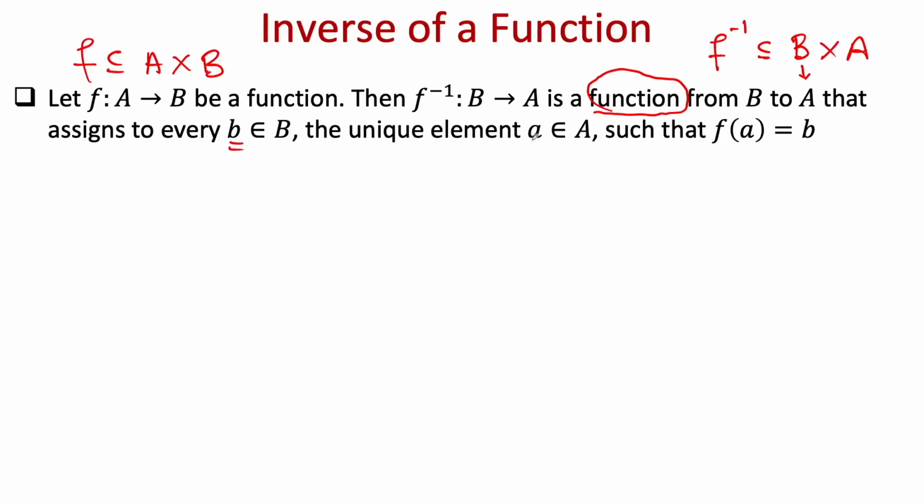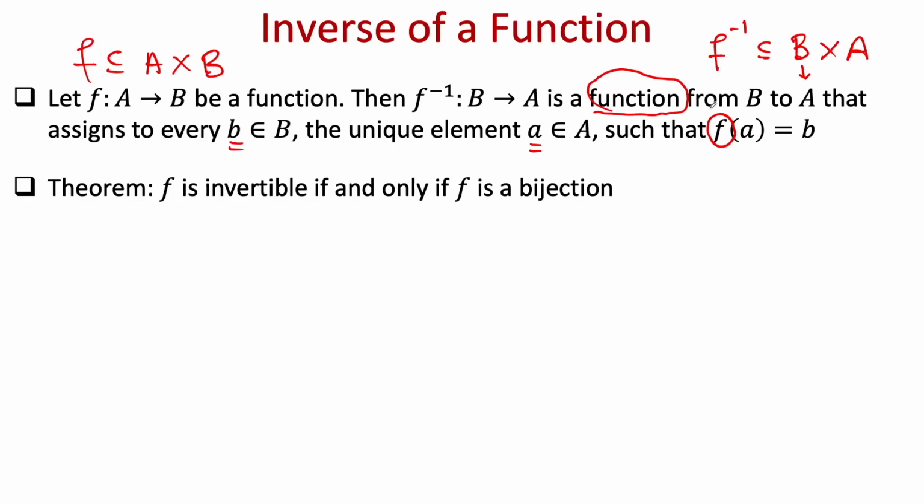The image of that element small b will be an element small a, provided small b was the image for that element small a as per the function f. So it is easy to see that a function f will be invertible if and only if the function is a bijection. If the function f is not a bijection, then we cannot define the inverse of that function.